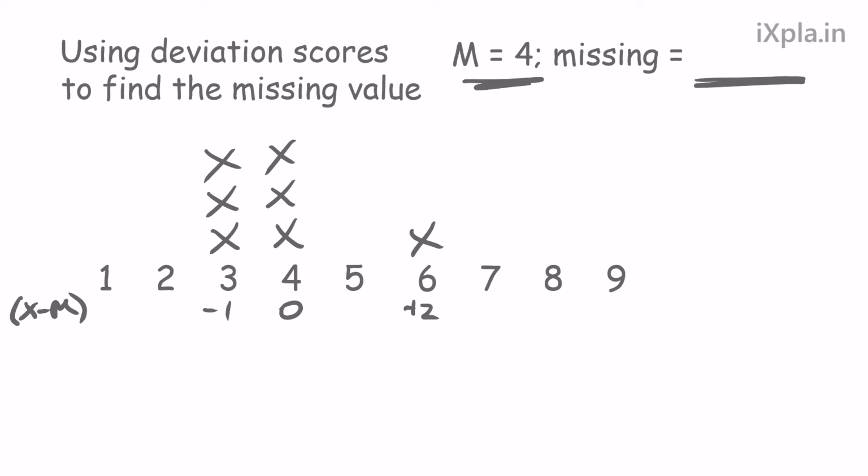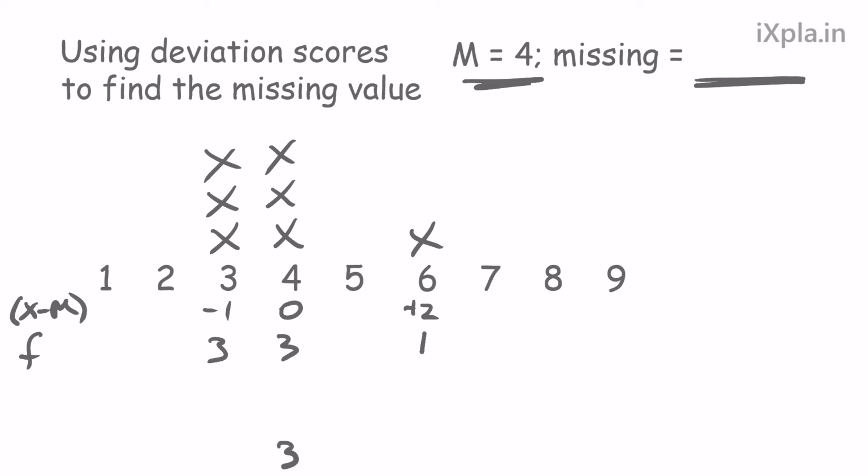Before we add things up, we have to take into account that we have 3 of some scores, so we need to compute the frequency. We have 3 3s, 3 4s, and finally 1 6.